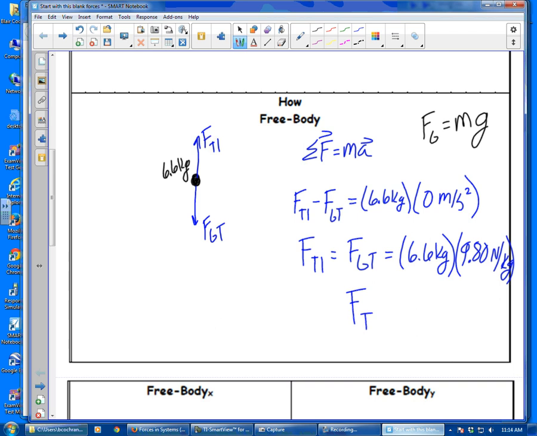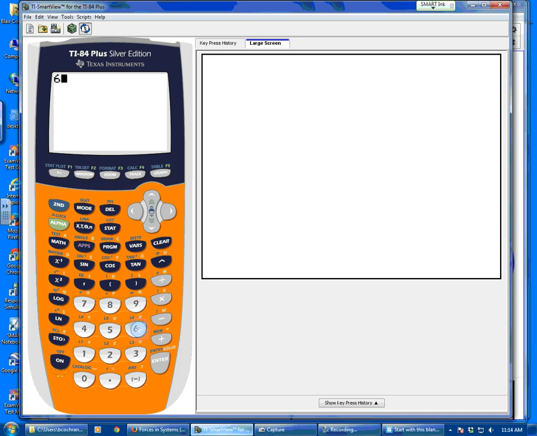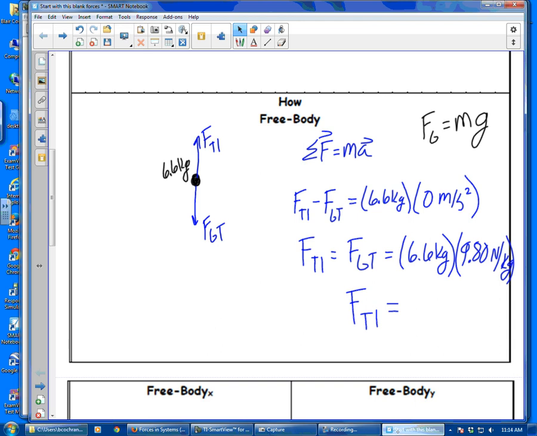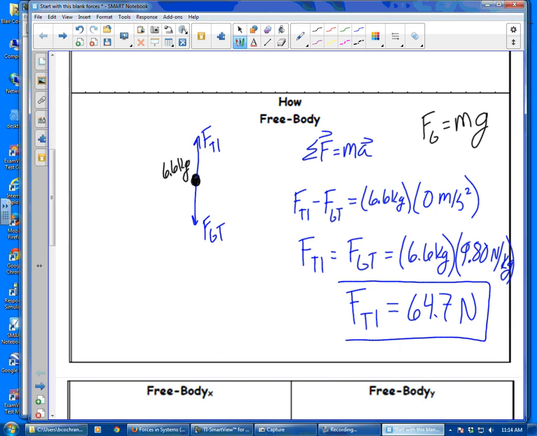So my FT1 is going to be 6.6 times 9.8, which is 64.7 newtons. Yes? No?